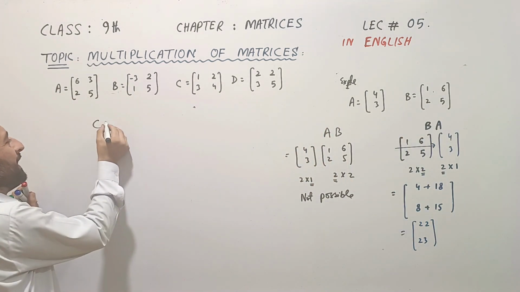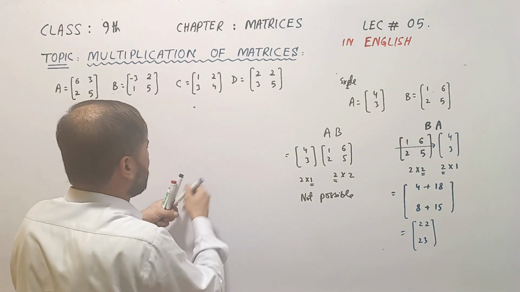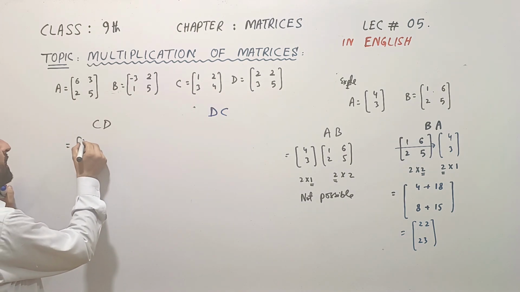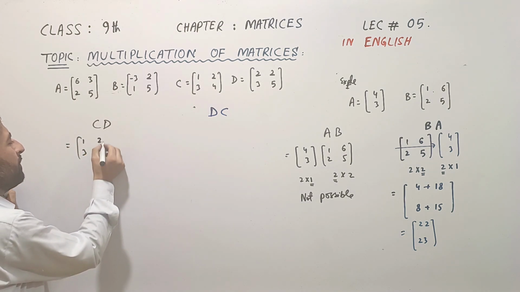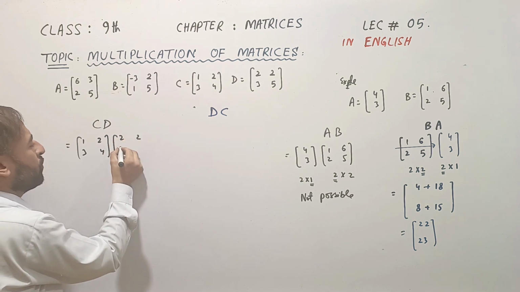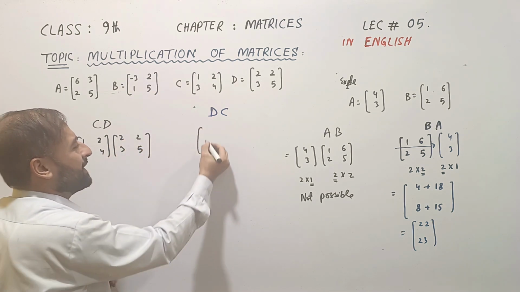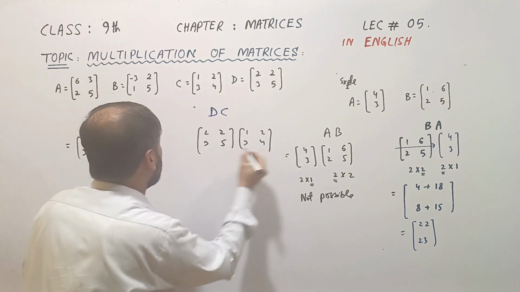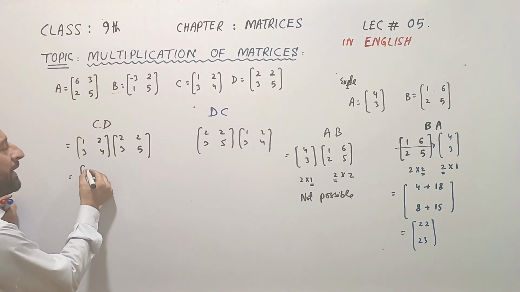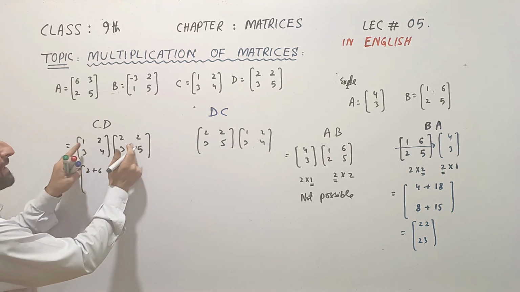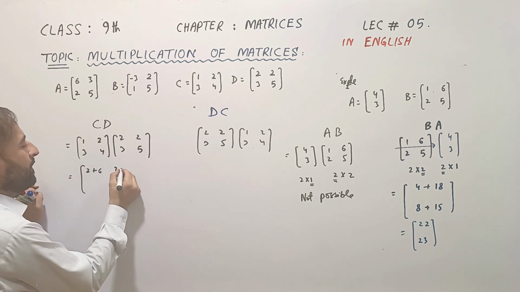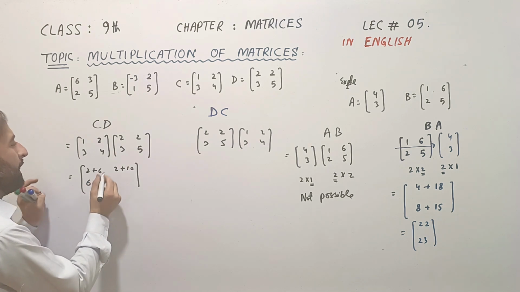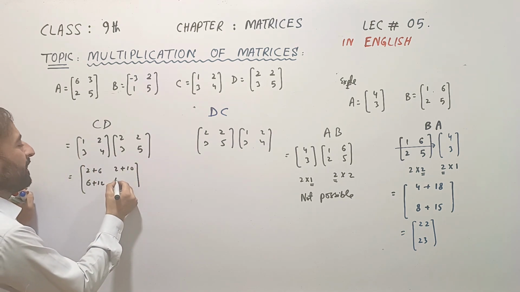You calculate CD, I will calculate DC. Both are possible. Matrix D is 2, 2, 3, 5. C is 1, 2, 3, 4. Multiply them. My sweet students, it will be 2 plus 6, 2 plus 10, then 6 plus 12, then 6 plus 20.